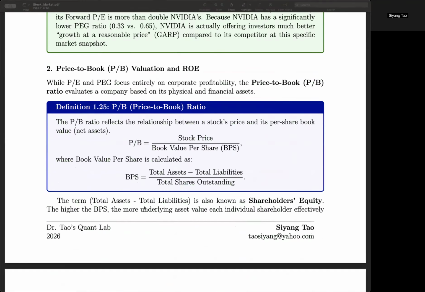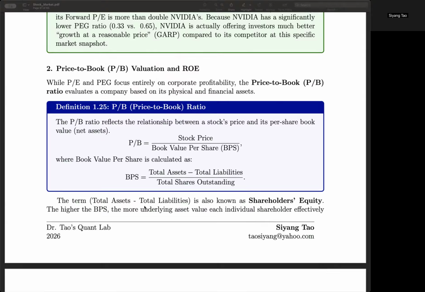Now, let's shift gears. PE and PEG are great for technology and consumer companies, but they are often useless for heavy asset industries like banks, real estate, or steel manufacturers, where profits fluctuate violently with economic cycles.